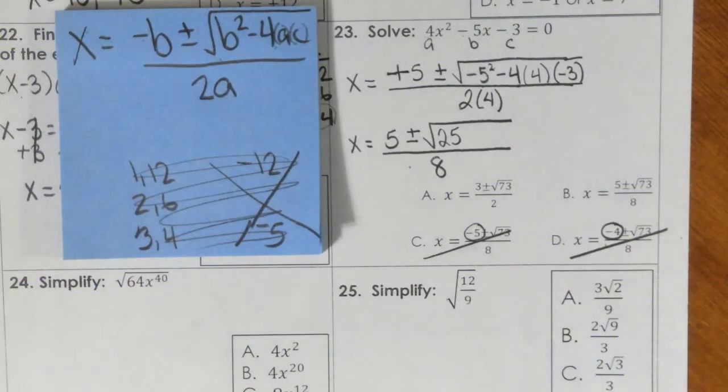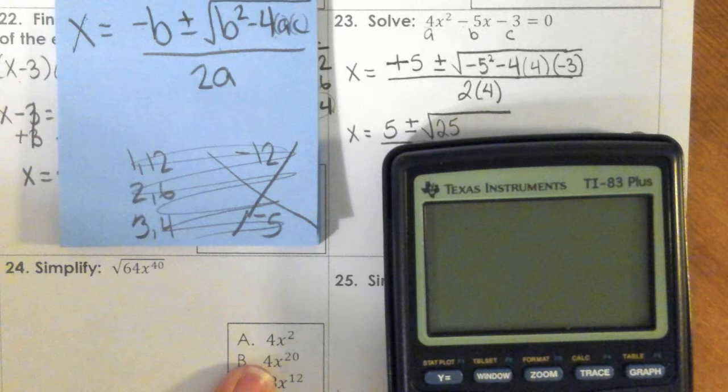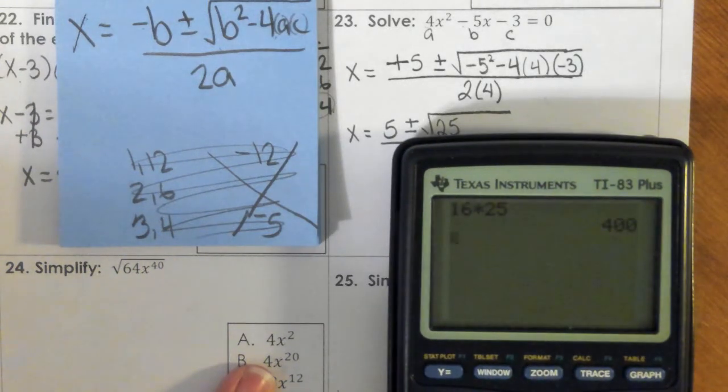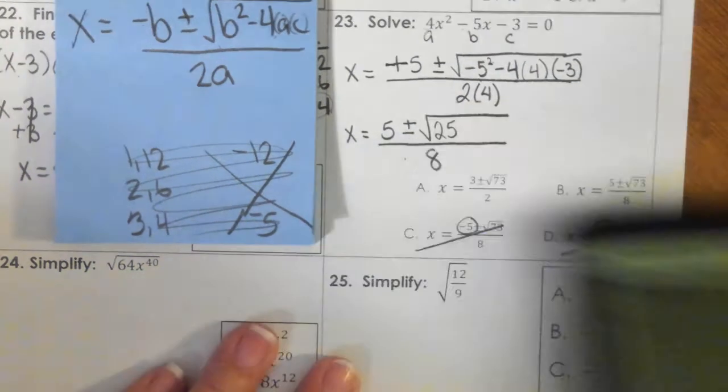Okay, for the other part there, we have negative 4. So I have a negative 4 times negative 3, and that's 48.